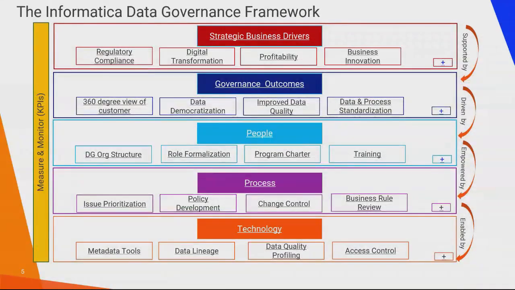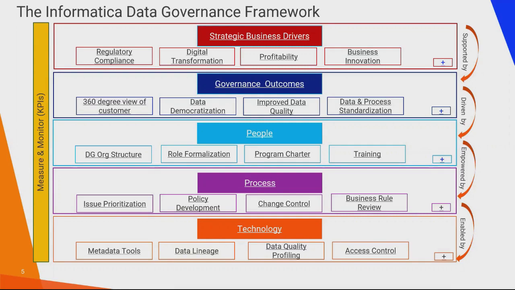Let's look at some examples of this. It is up to the respective organization to define, through a data governance workshop, what the key business drivers can be. Here are some examples of business drivers. It can be regulatory compliance, digital transformation, or business innovation.